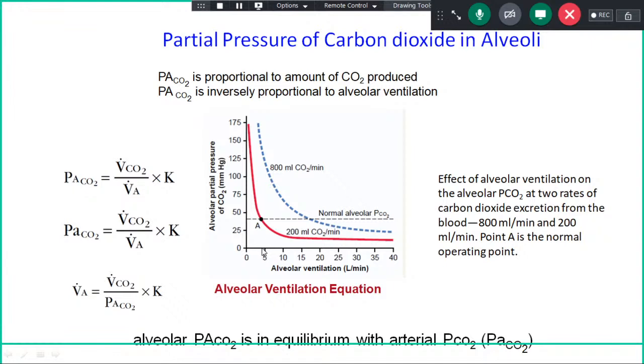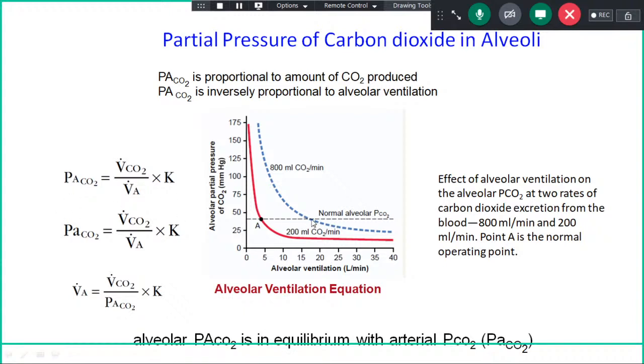the alveolar ventilation of 4.2 liters per minute is there to bring about an alveolar partial pressure of 40 millimeter of mercury. If the amount to be excreted is increased 4 times, then to maintain the alveolar partial pressure, we require the alveolar ventilation to be increased from 4.2 to 16 point something or 17 point something, so 4 times, so as to maintain the same level of alveolar PCO2, 40 millimeter of mercury.